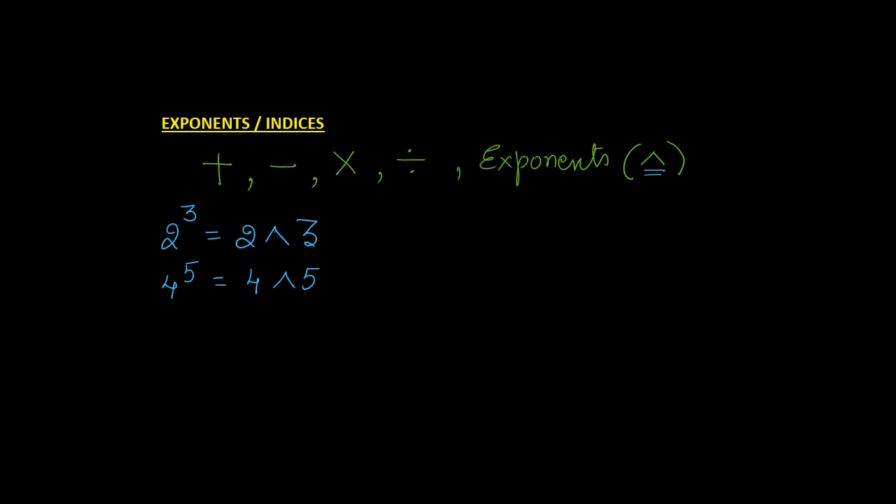Now, let us see the terms which are associated with exponent notation. If you have, say, 5 to the power of 7, there are two parts here. There are two numbers. This is the first number, and this is the second number.